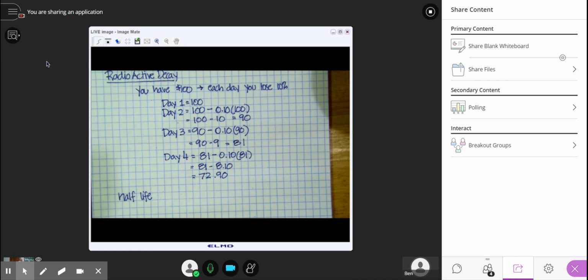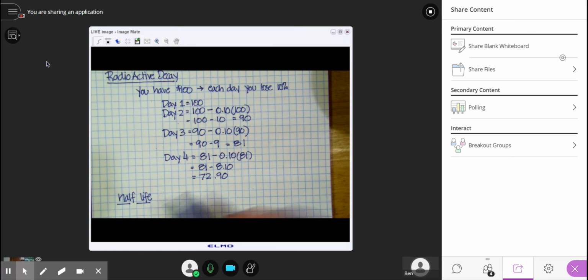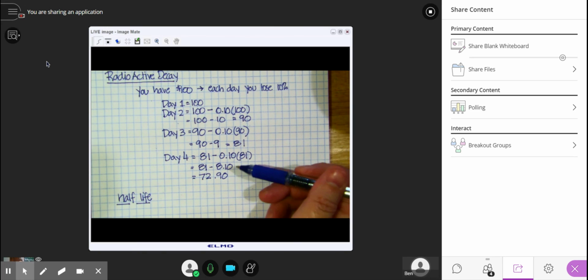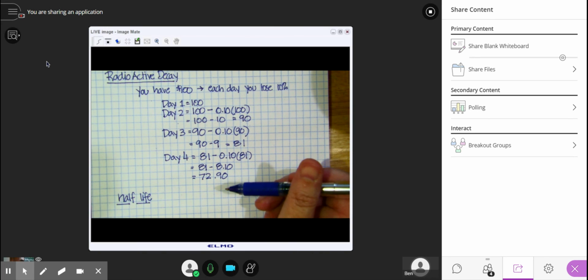Now, most of the time, we don't measure this in terms of a 10% rate. Most of the time, we measure this in terms of what's known as a half-life. How long does it take your money not to go down by 10%, but to go down by half? This is known as a half-life.